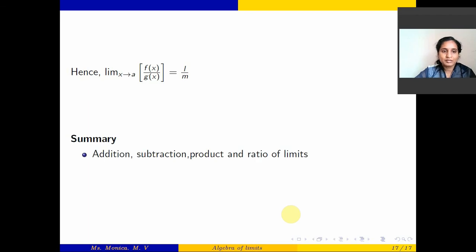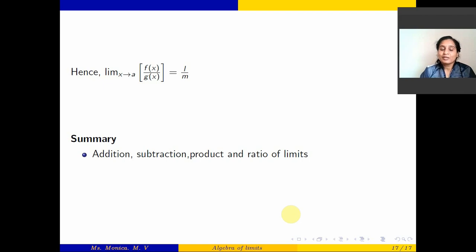This completes the proof of algebra of limits. These are in 4 parts. Each part is done in a different way. The epsilon delta definition is also applied in a different way for each part. In a few places we have taken epsilon 1, in a few places epsilon, and in another place epsilon 1 which is less than 1 is also taken.